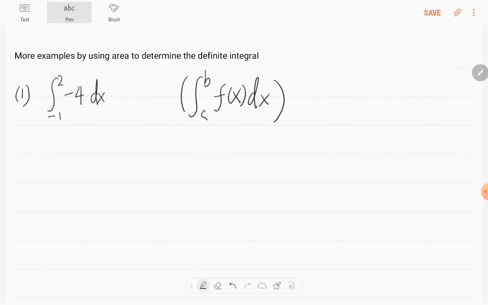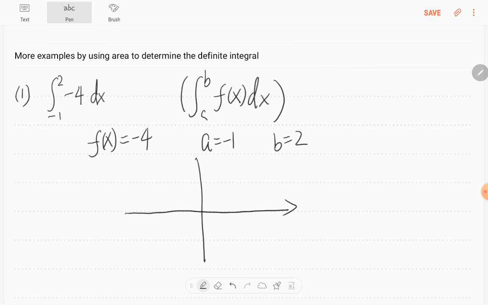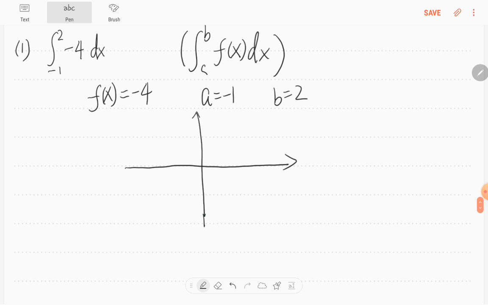If you compare these two integrals, we notice that f of x is equal to -4, a is equal to -1, and b is equal to 2, right? So let's draw the graph of f of x equals -4, which is a horizontal line.